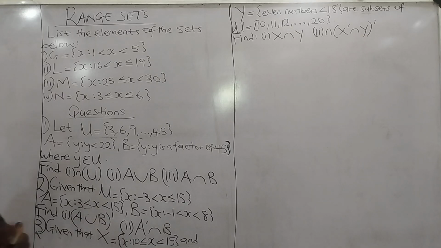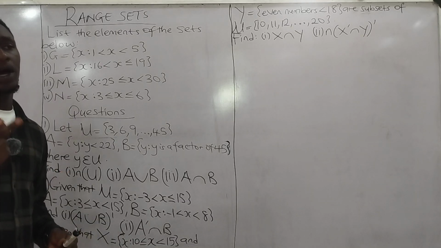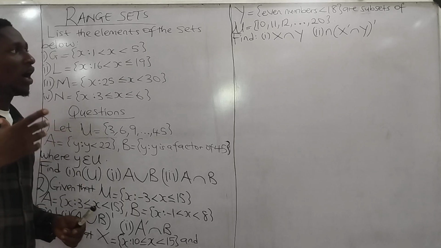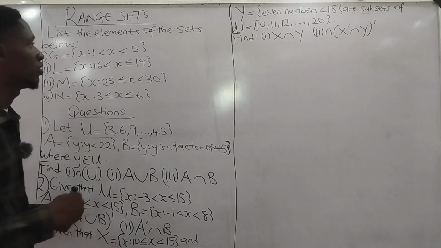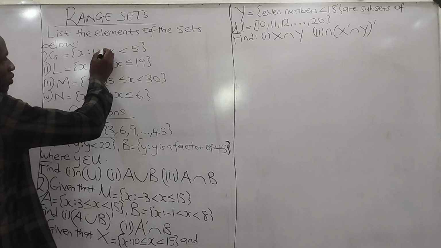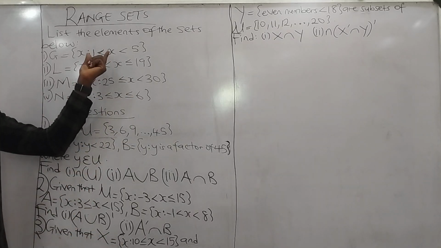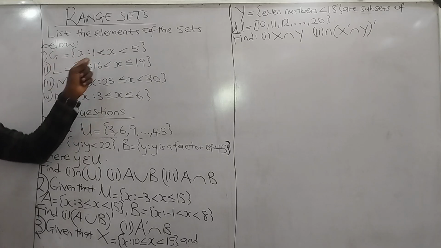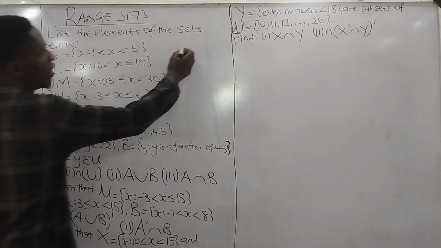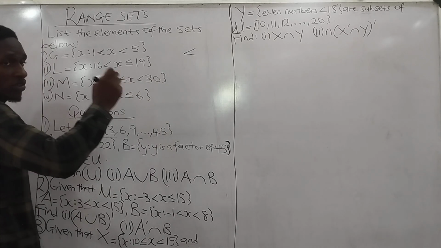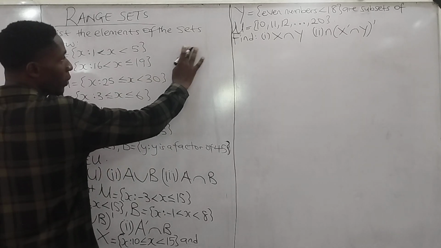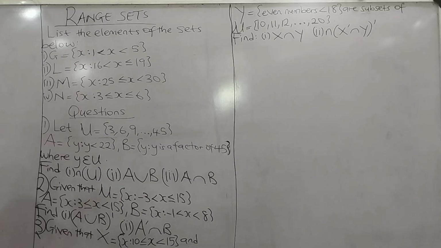So we have two types of inequality. We have the strict inequality and the weak inequality. In the strict inequality, which is less than or greater than, for example, in this range set, we pick once it is less than, the numbers at the boundary are not included.